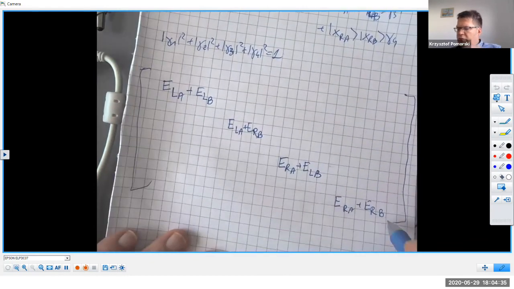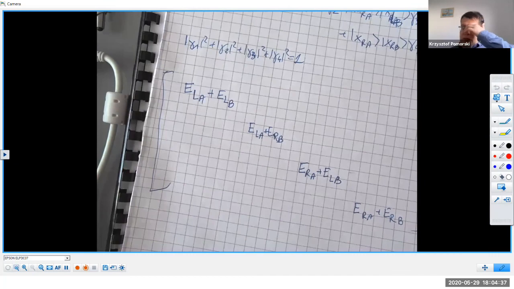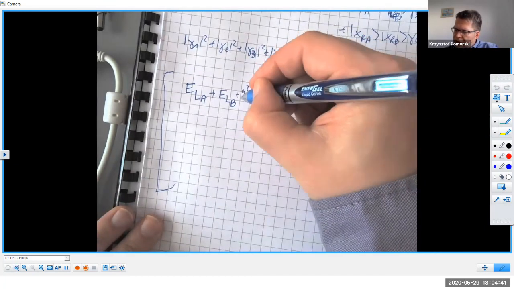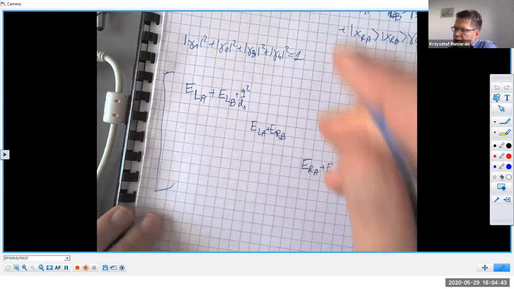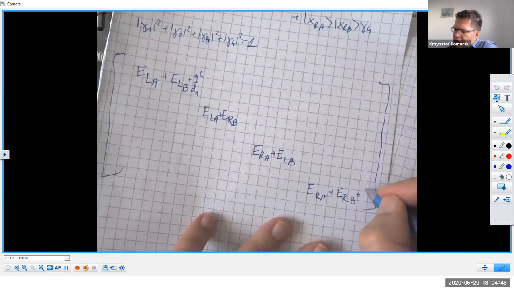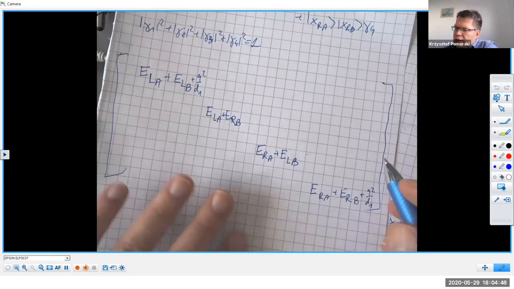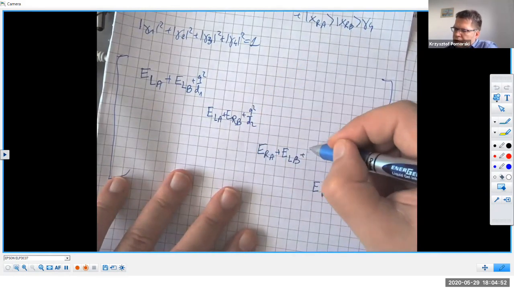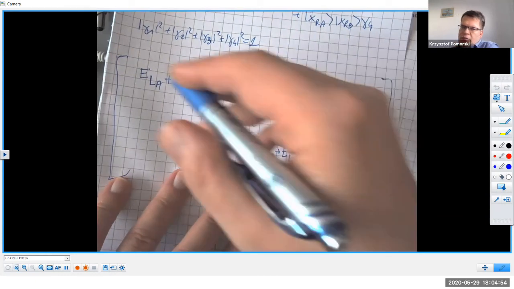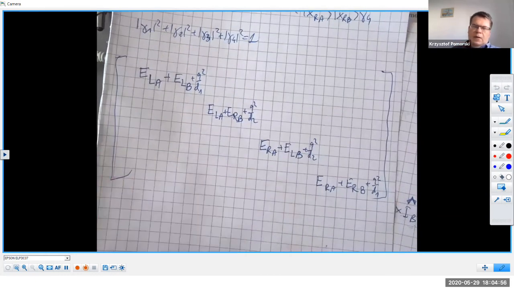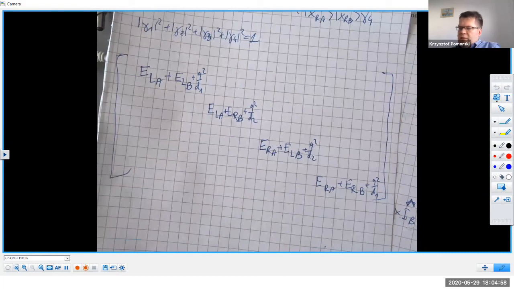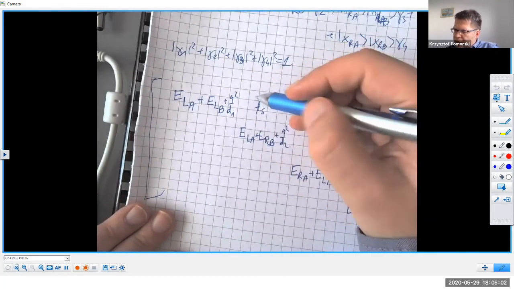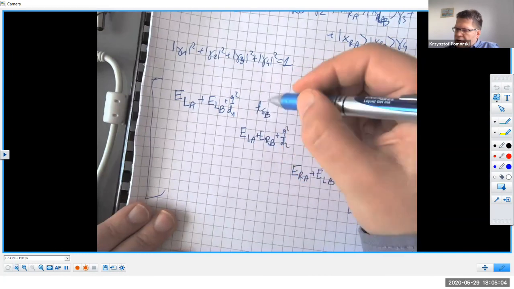The diagonal terms plus Q squared over D1. This is in the symmetric case over D1. And there is Q squared over D2. These are the diagonal terms given. And there is a hopping term for seconds.